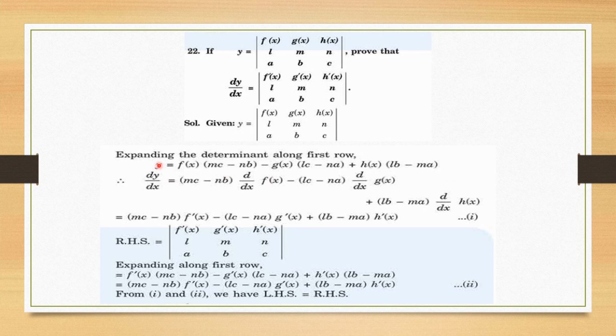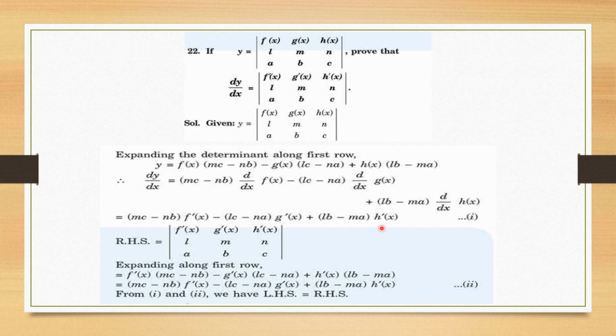Now take the derivative. As this is constant, outside d/dx of f(x), which is f dash x, then (lc minus an) outside, d/dx of g(x), which is g dash x, and the last one, you take the other constant (lb minus am) outside, and d/dx of h(x) is h dash.